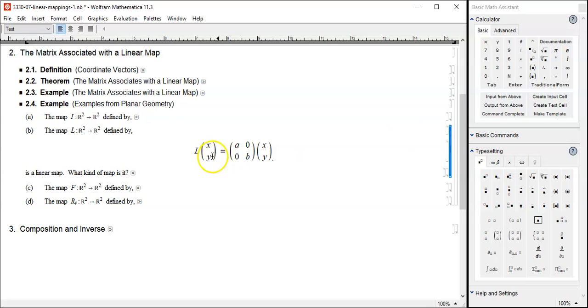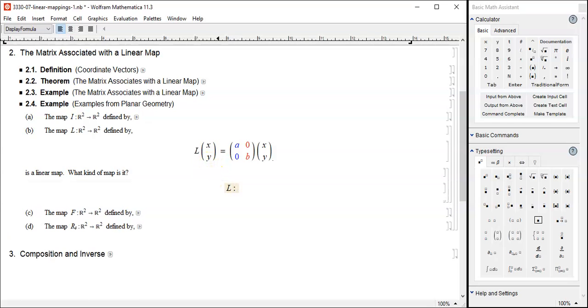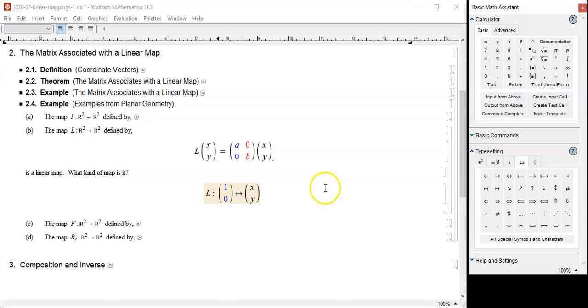Okay, this is a little bit better. E1 is going to (A, 0). And E2 is going to (0, B). Basically, this is happening here. E1, which is equivalent to (1, 0), is sent to (A, 0).